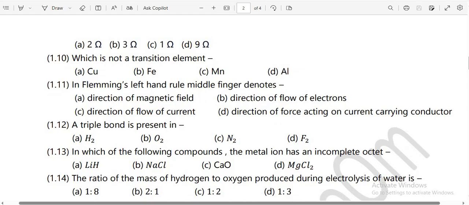1.13 In which of the following compounds does the metal ion have an incomplete octet?